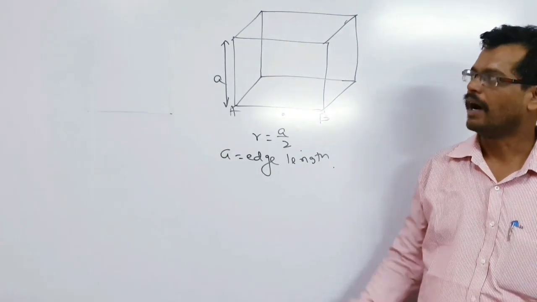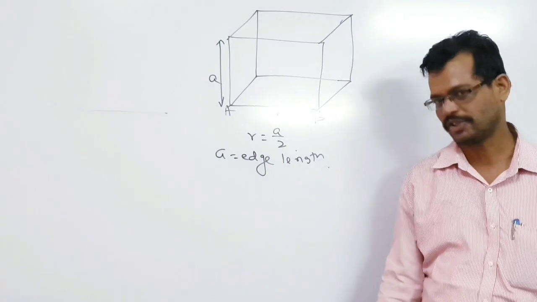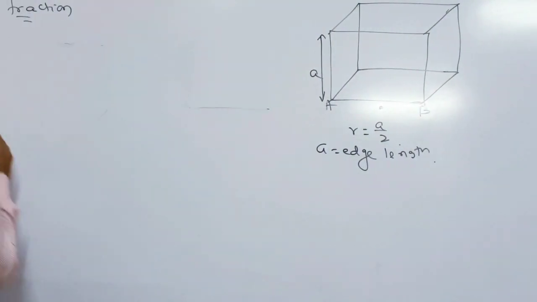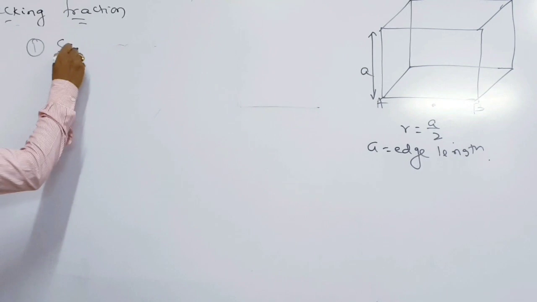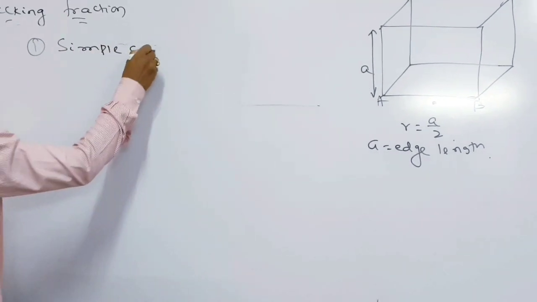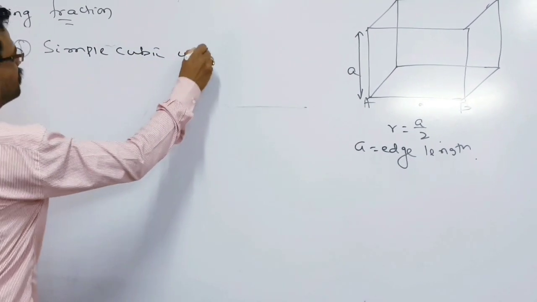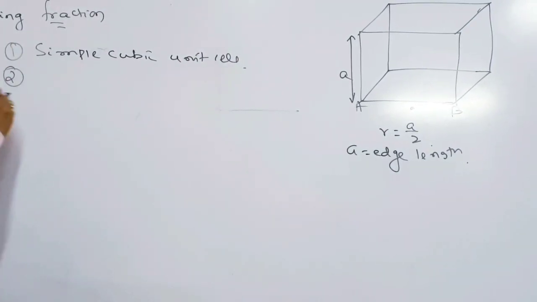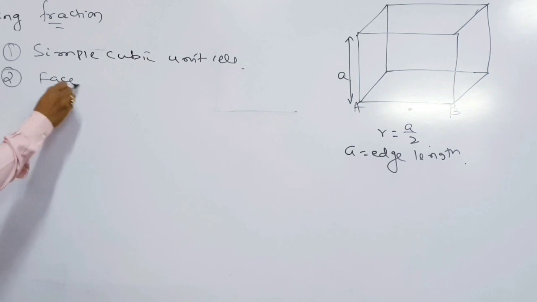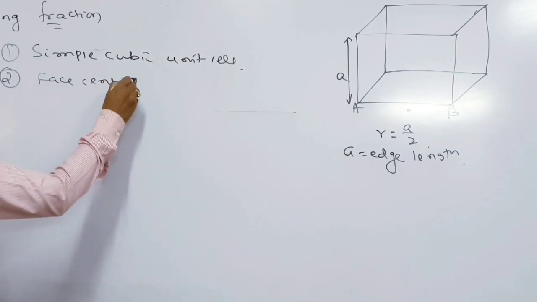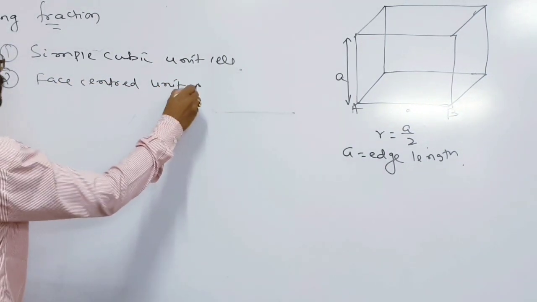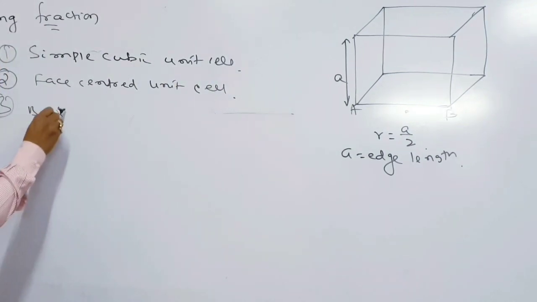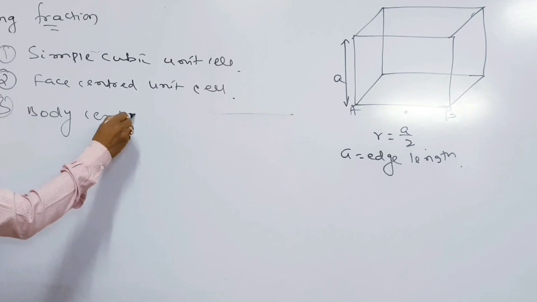Here we have to find the packing fraction or efficiency of three types of unit cells: number one, the simple cubic unit cell; number two, the face-centered unit cell; and number three, the body-centered unit cell.